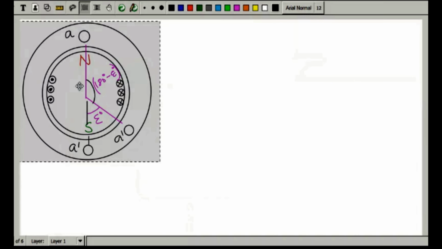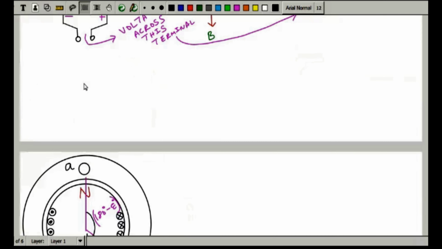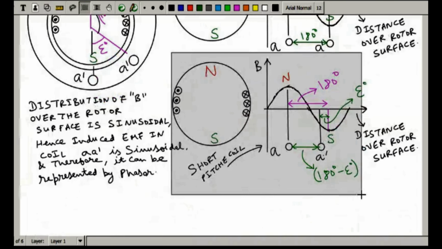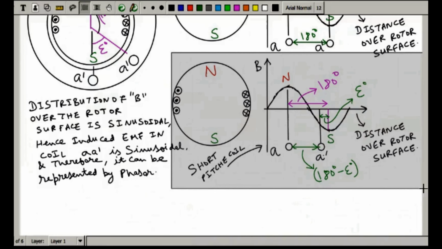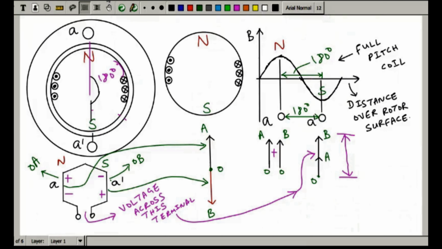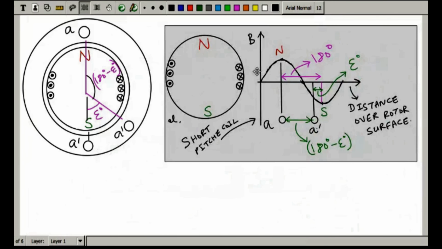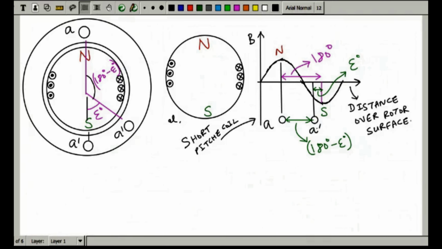Now we will keep the short pitch version, and also take the short pitch version from this side. So this is a short pitch coil, and we will not keep the full pitch version now in this case.